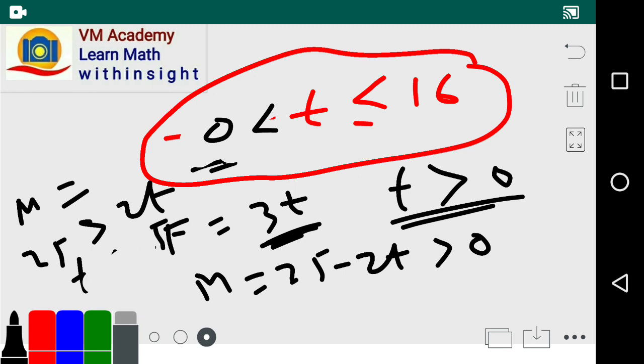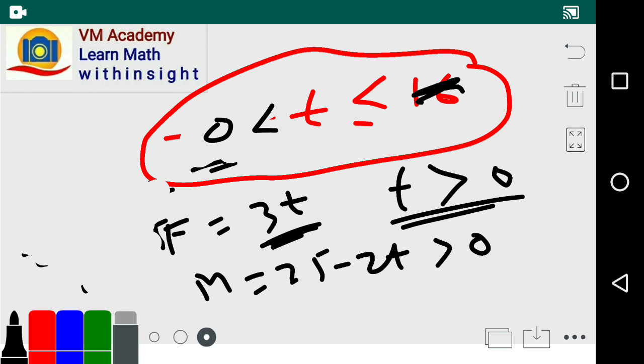T is an integer, so t is less than or equal to 12, friends. And here we get c equal to 75 minus t, this also greater than 0.